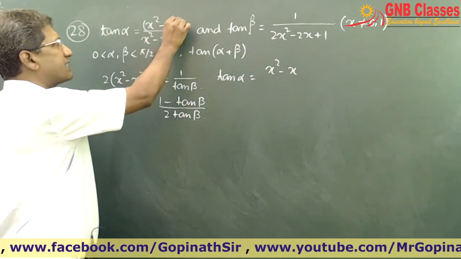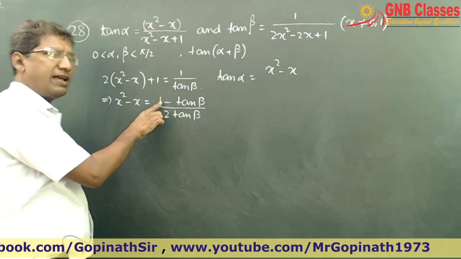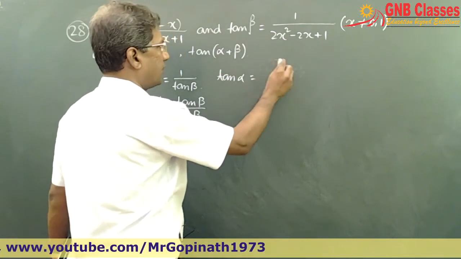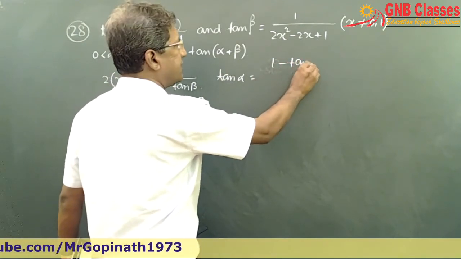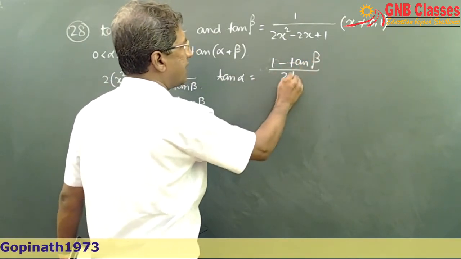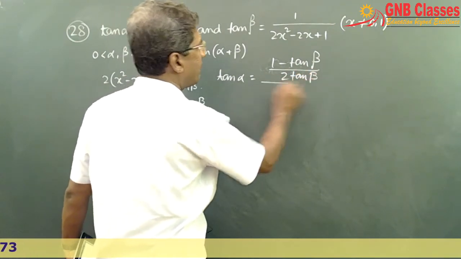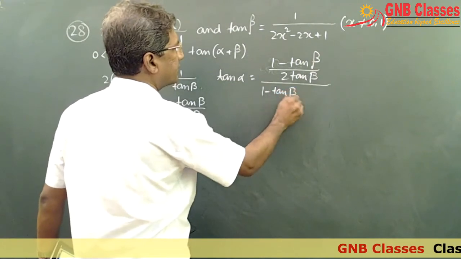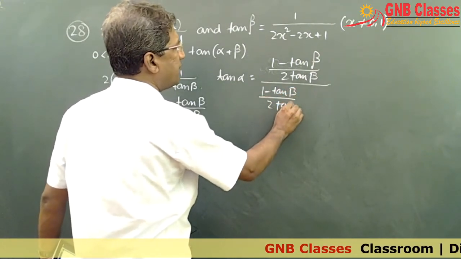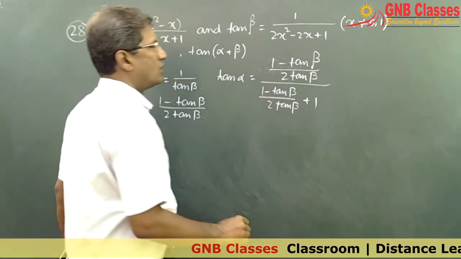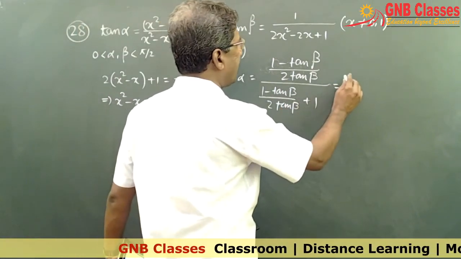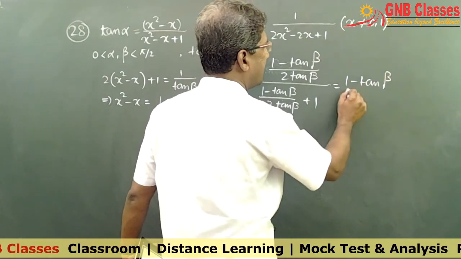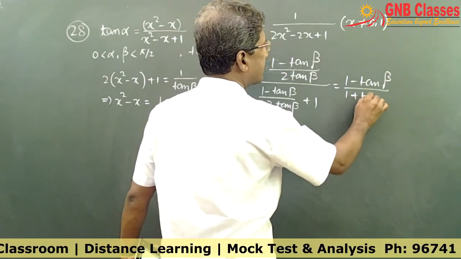So in place of x square minus x, I am replacing by 1 minus tan beta by 2 tan beta. 1 minus tan beta divided by 2 tan beta divided by 1 minus tan beta divided by 2 tan beta plus 1. So if we simplify, we are going to get 1 minus tan beta divided by 1 plus tan beta.